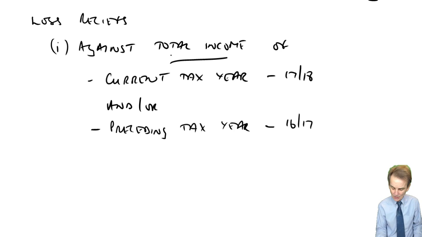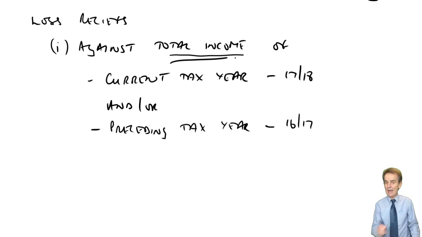The relief is against total income. Now again, as we saw a moment ago in that first example where the only income was trading income, going against total income is before the deduction of the personal allowance. So a problem that attaches very specifically to this relief, and any relief that goes against total income, is that you cannot make partial claims.